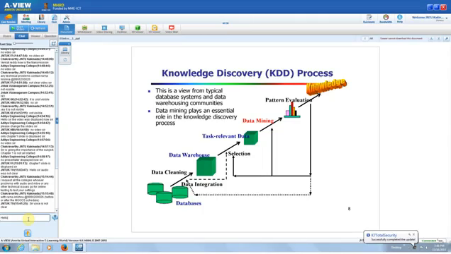Data warehouse and task relevant data. This data warehouse data means your data items, like rice, your quantity, unit price, and total price. In certain cases, I will give you a better example. I want to predict for whom I have to sanction loans and for whom I should not.